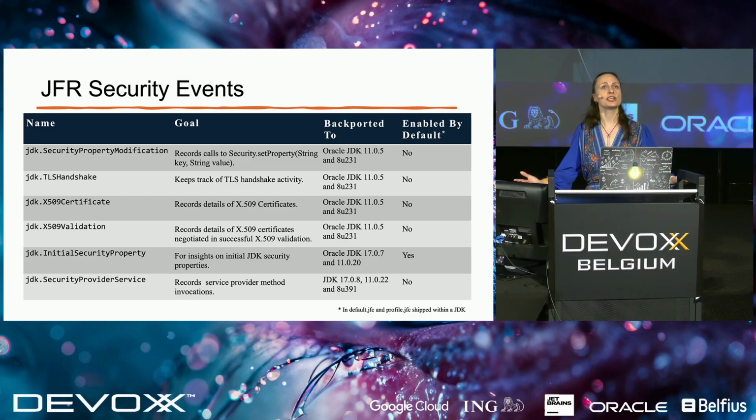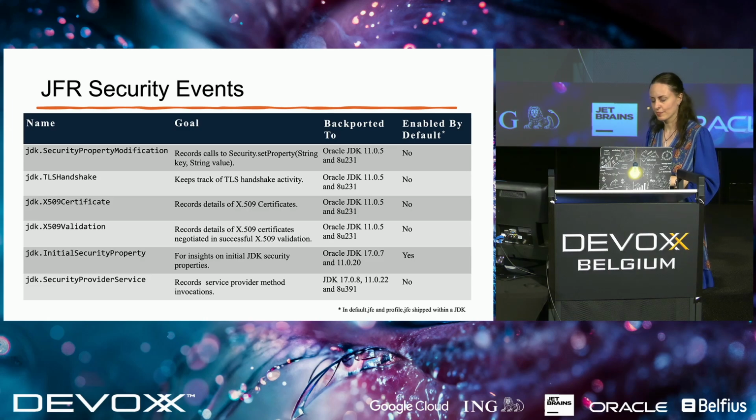Successful TLS handshakes are recorded with jdk.TLSHandshake once you have enabled it. Similarly, for successful validation of X509 certificates, we have X509Validation, and X509Certificate gets information about the certificate itself, and we're going to see which information.